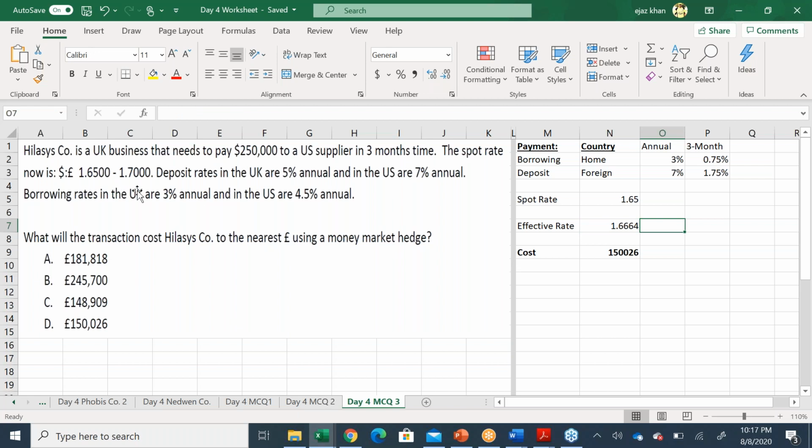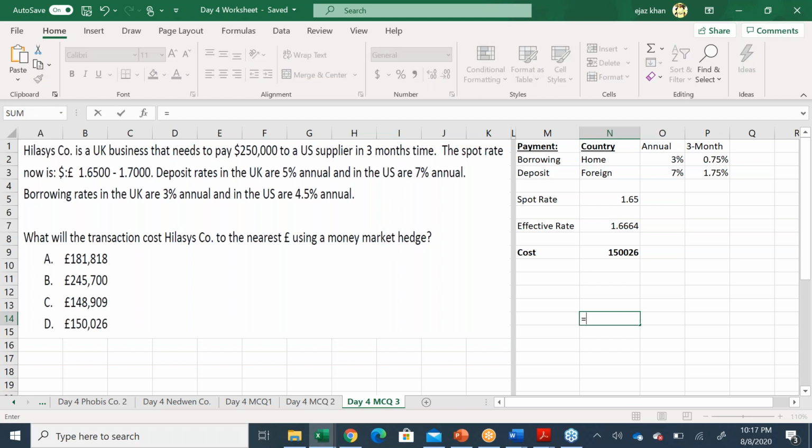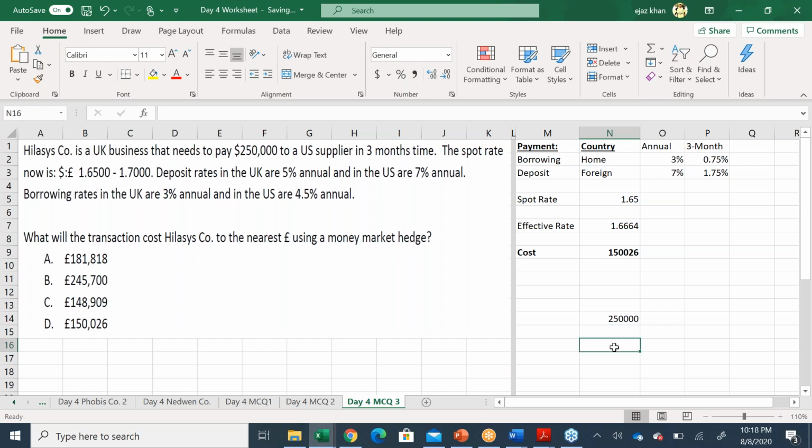Let me tell you why we used a lower rate. We are going to pay $250,000, so we have to buy these $250,000. In order to buy them, we have to pay pound sterling to the bank. So Wahab, tell me, what do you expect from the bank?